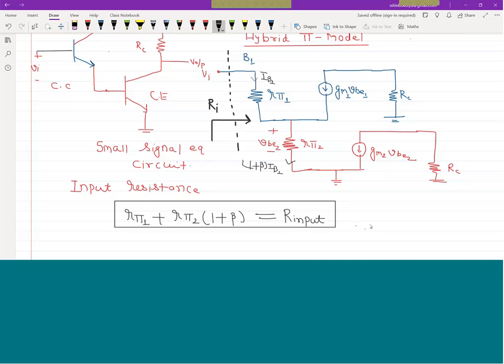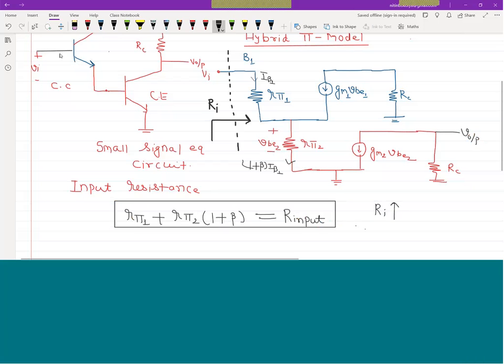Now we are interested in the point from where we are taking output. So the characteristic of the Darlington pair is that the input resistance will be higher. Okay, can I say the current gain of the circuit?